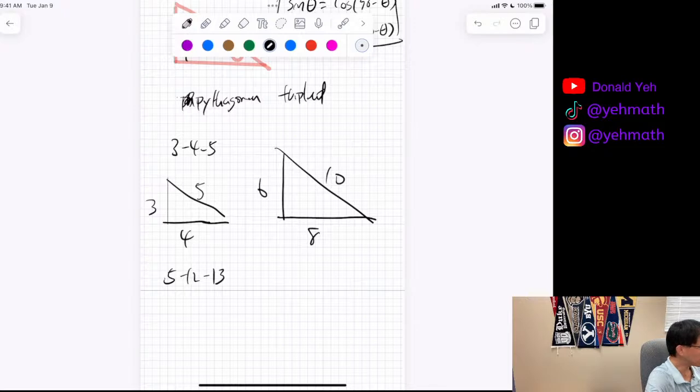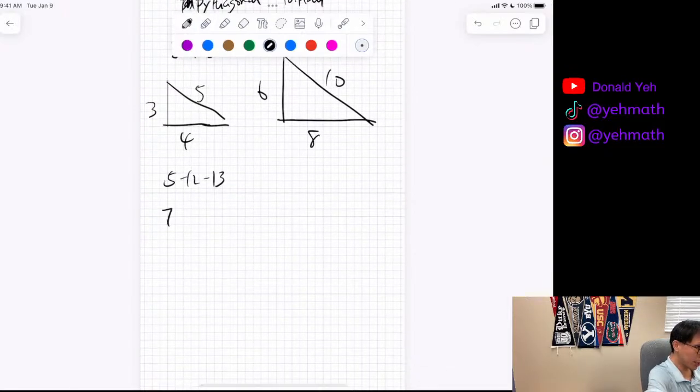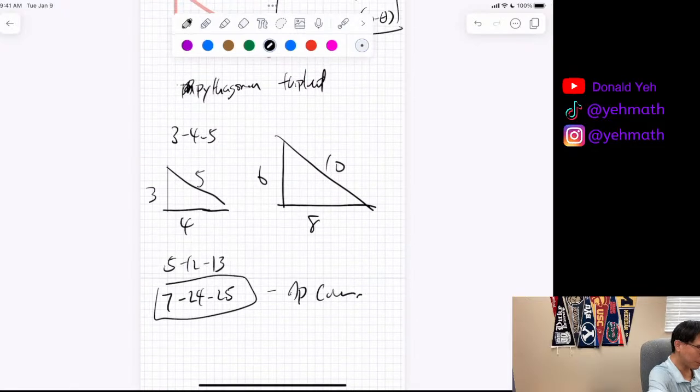Those are the triplets you have to know. There is also 7, 24, 25 on AP Calculus. The two you just have to memorize are 3, 4, 5 and 5, 12, 13.